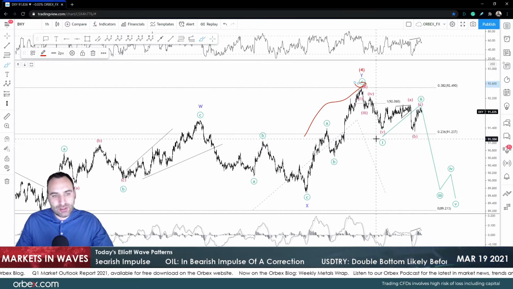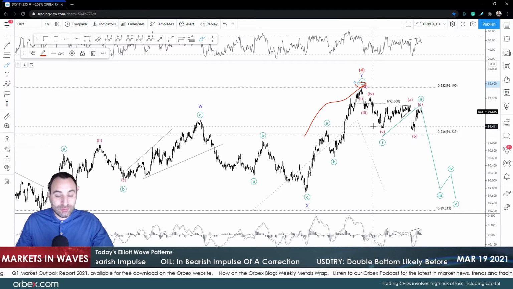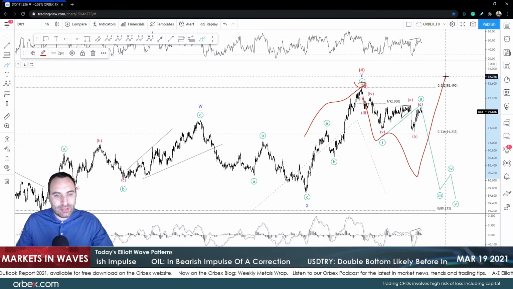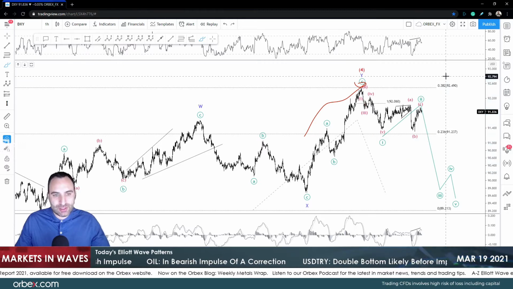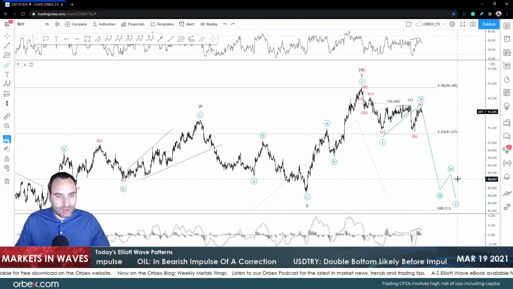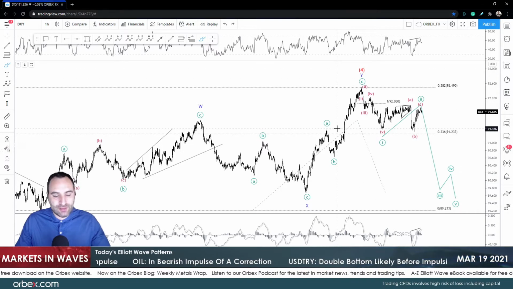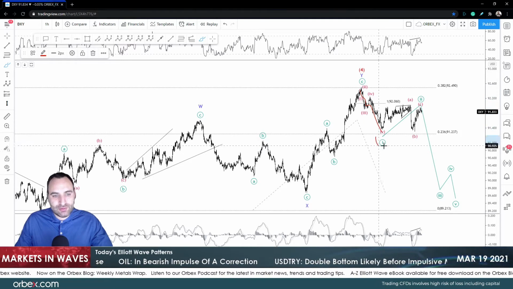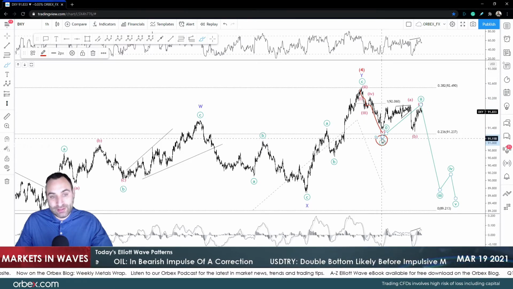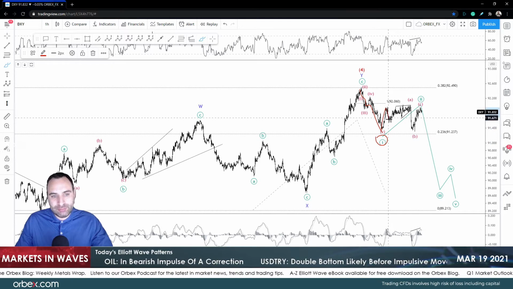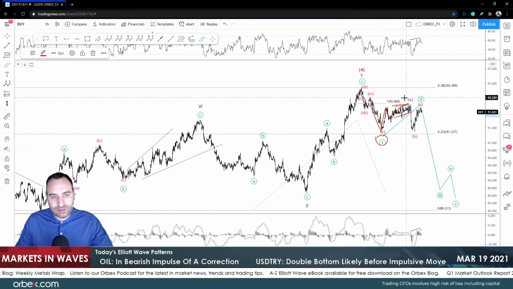Since we started correcting lower, we're either thinking about that becoming another ABC and a continuation on the upside, or becoming an impulse and continue lower for red wave 5, which is what I am expecting to happen, because I still see this as a 1, 2, 3, 4, and 5 over here for wave A. I see this as an A, B, and a C with an ending diagonal in wave A.